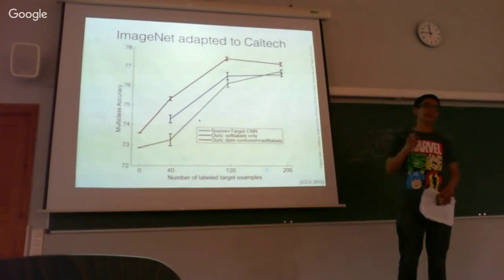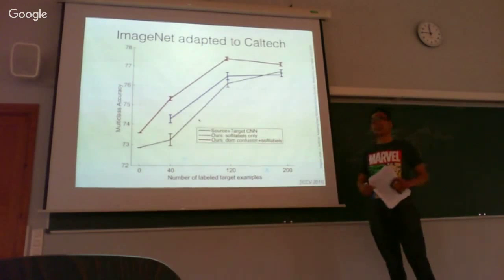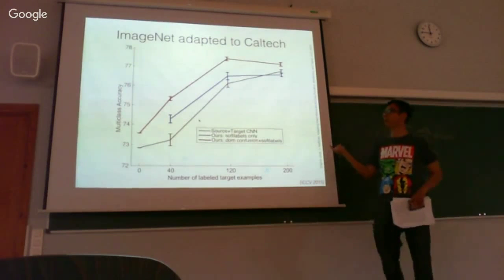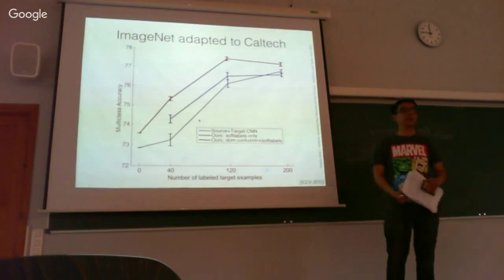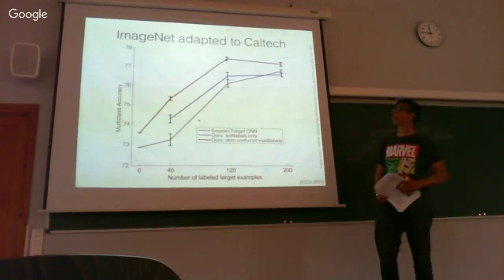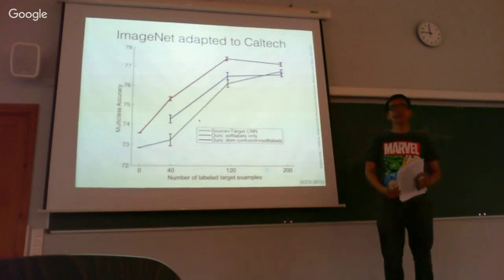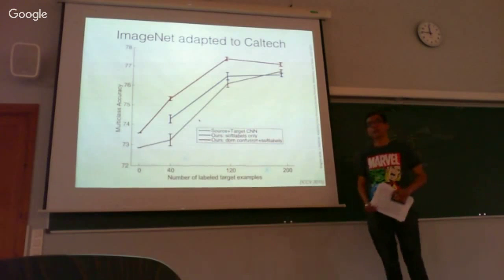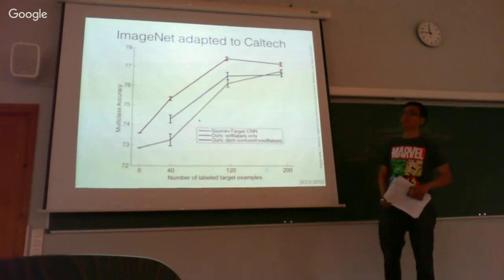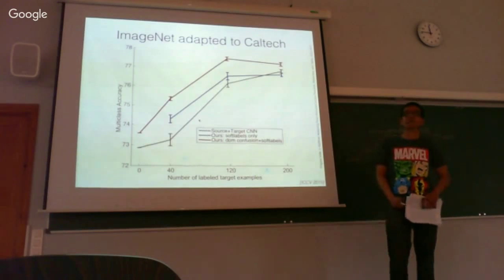They tried sublabels and also domain confusion loss with the sublabels. So only in one case, the source CNN was better than only the sublabels. So that's the end of the presentation.